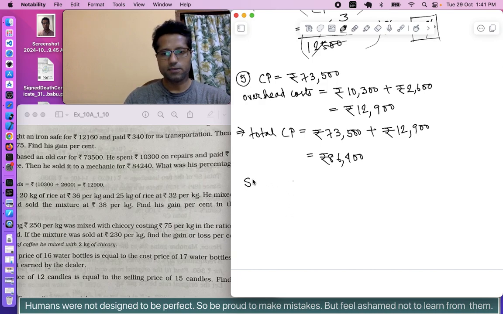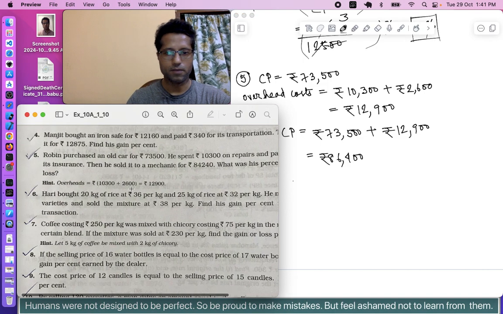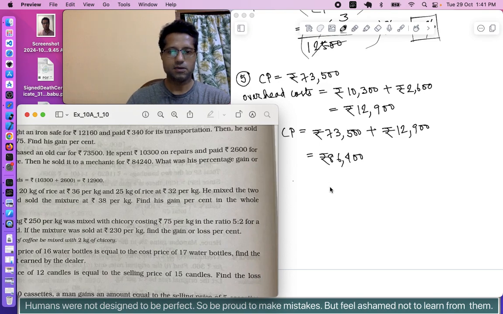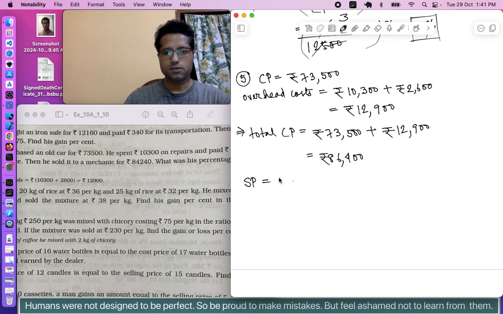And for the selling price, it is given that Robin sold the car to a mechanic at rupees 84,240. The selling price is 84,240.